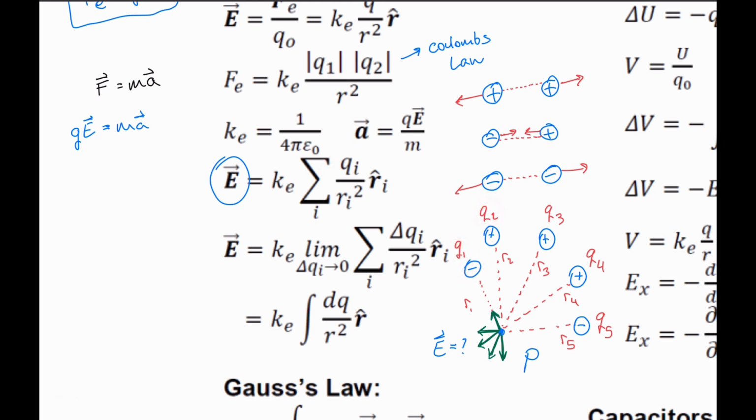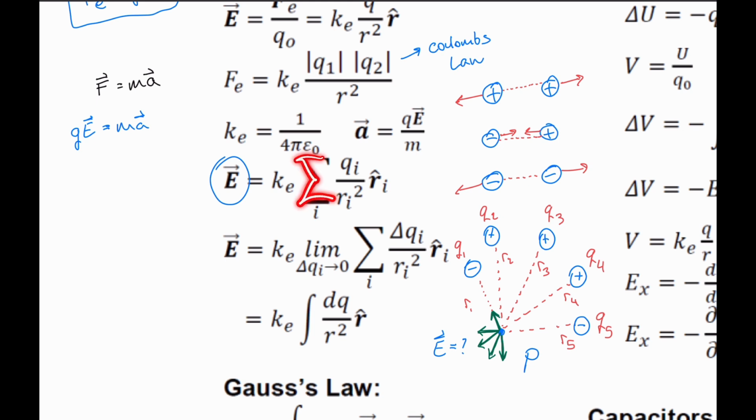Here is Q2, it's different than Q1, they're not the same. Maybe this is 1 coulomb, maybe this is 2 coulombs, maybe this is 3 coulombs, maybe this is 57 coulombs, so this one is the biggest one. Maybe this is 13 coulombs. A bigger charge will create a bigger electric field. A smaller charge will create a smaller electric field.